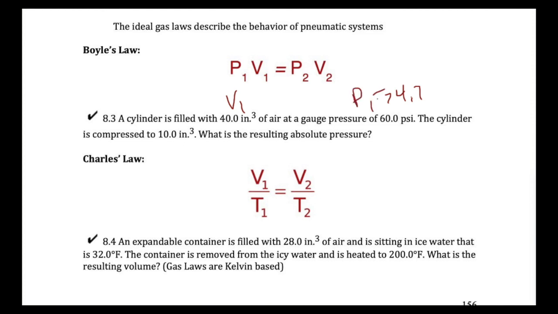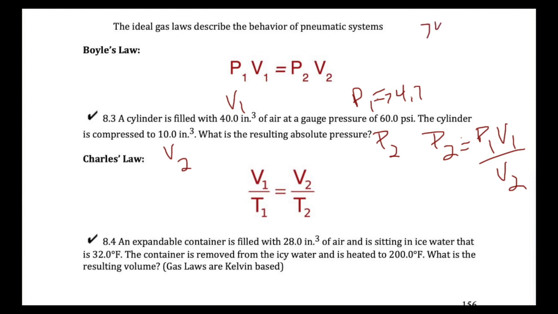So what happens? The cylinder is compressed down to 10 cubic inches. That would be volume 2. What is the resulting absolute pressure? So we're solving for P2. If you look at Boyle's Law, P2 should equal P1 times V1 divided by V2. I can plug all those things in.